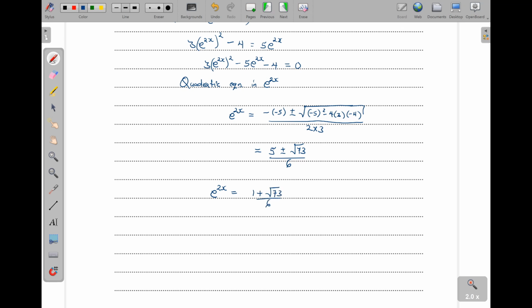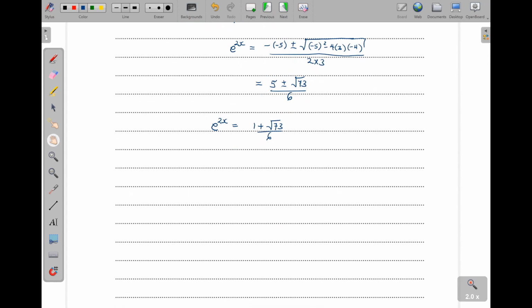out of 6. To get x, I'm going to introduce logarithms. So natural log of e to the power of 2x is going to be equal to natural log of 1 plus the square root of 73 out of 6. And you know that the power can come down using the rules of logarithms.